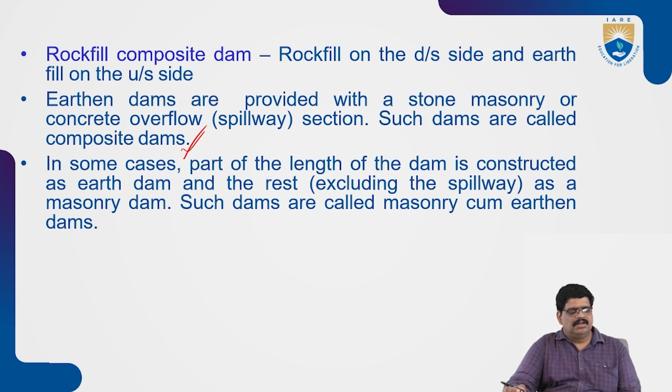Such dams are called composite dams, with masonry or concrete overflow. The best example is Nagarjuna Sagar. Half of the hydraulic structure is masonry, and half is earth dam constructed on the banks.